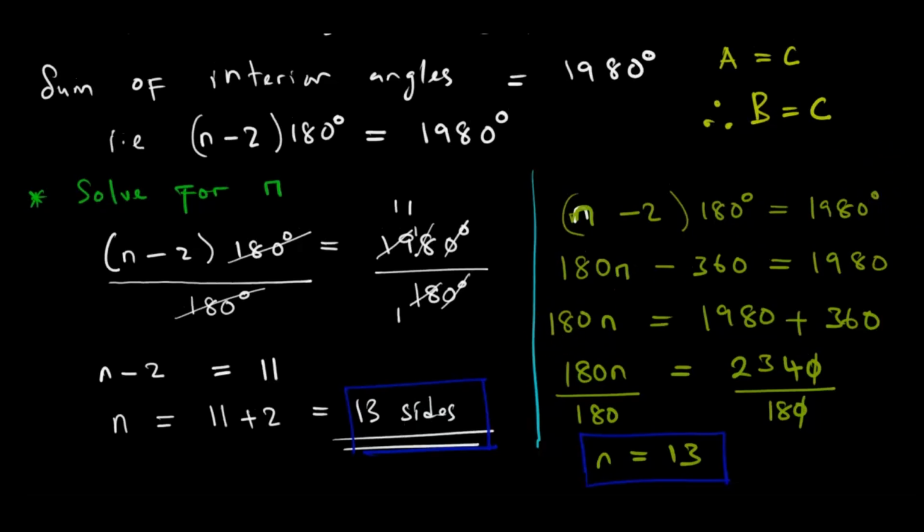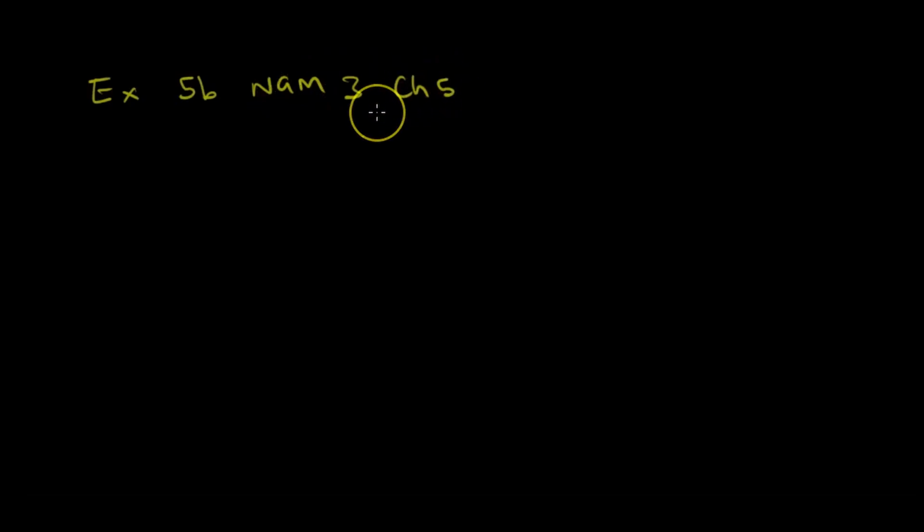So the next part of our exercise is to give you a practice exercise, which you get at exercise 5b. This is New General Mathematics 3, chapter 5.